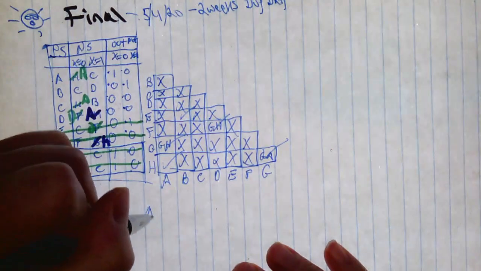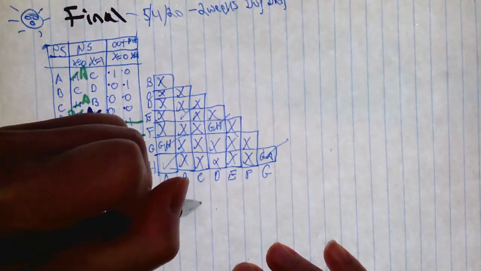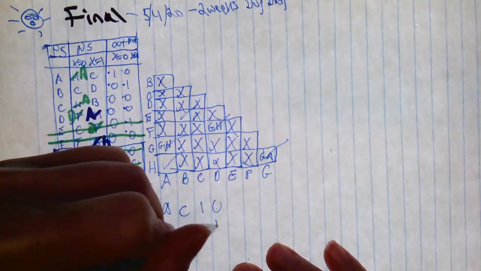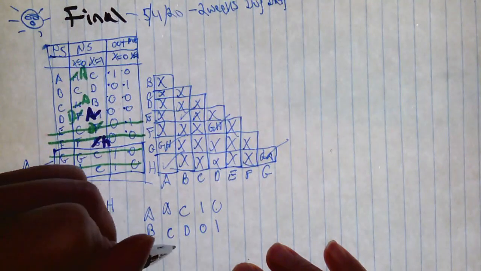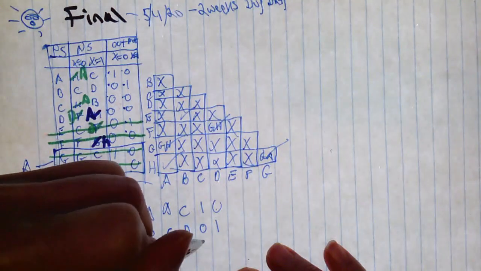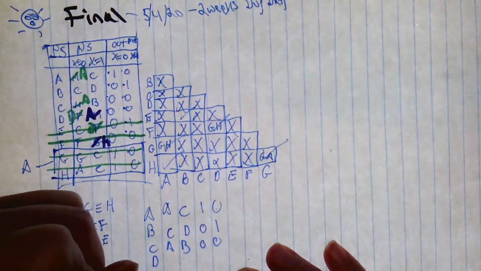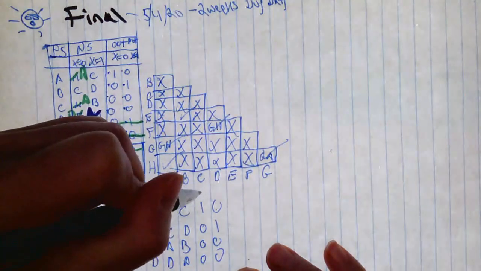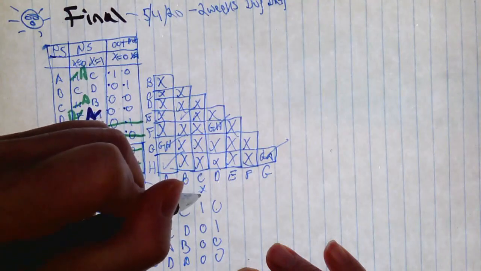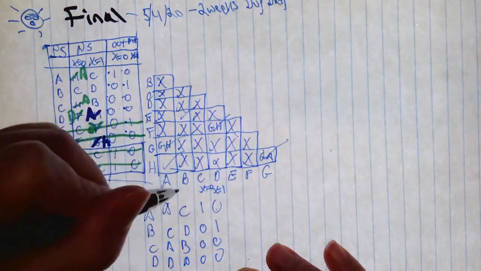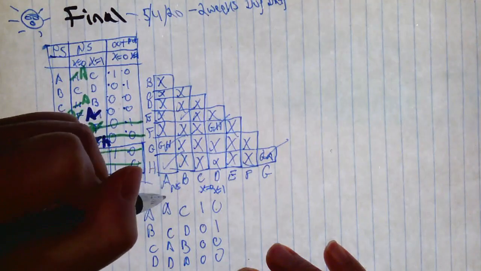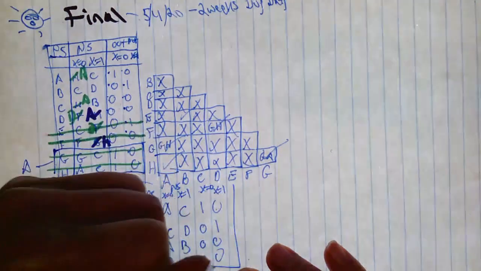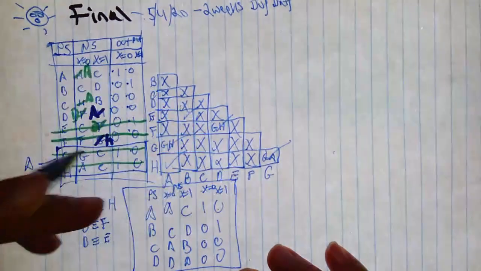It's going to look like A, C, 1, 0, B, C, D, 0, 1, C, A, B, 0, 0, D, D, A, 0, 0, and this is the output for X equals 0 and X equals 1, and this is the next state for X equals 0 and X equals 1, and that's the present state, and this is my reduced finite state machine.